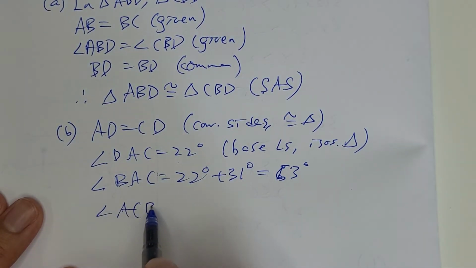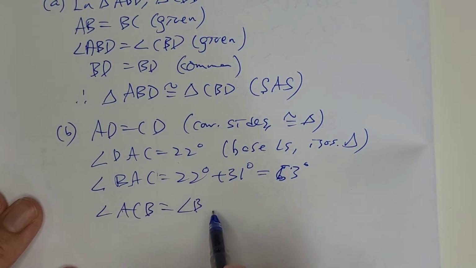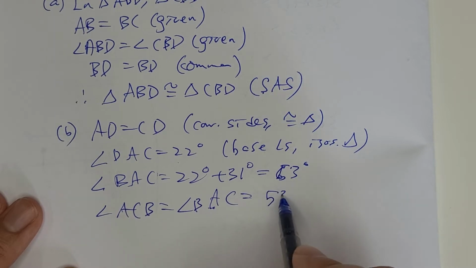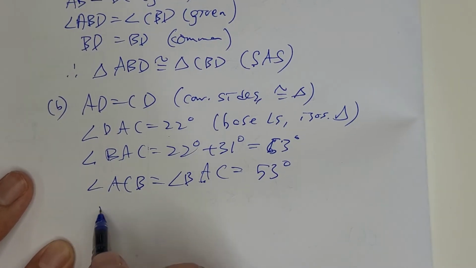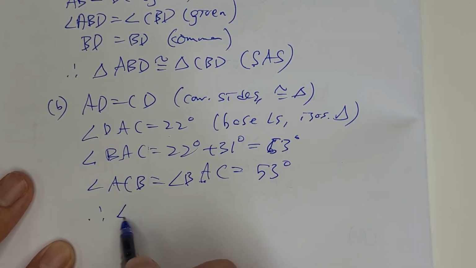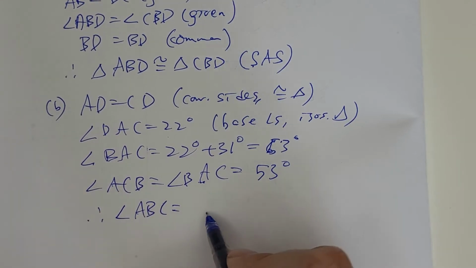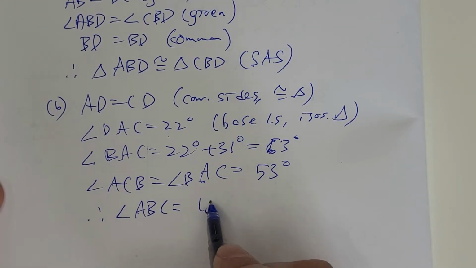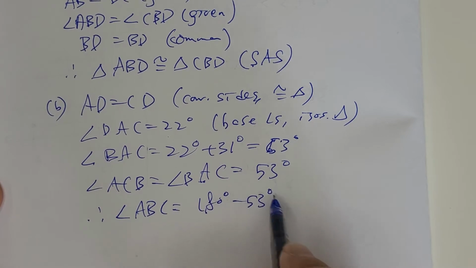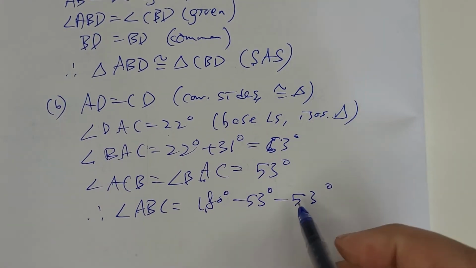Angle ACB equals angle BAC equals 53 degrees, and therefore the top angle ABC would equal 180 degrees minus 53 degrees minus 53 degrees.